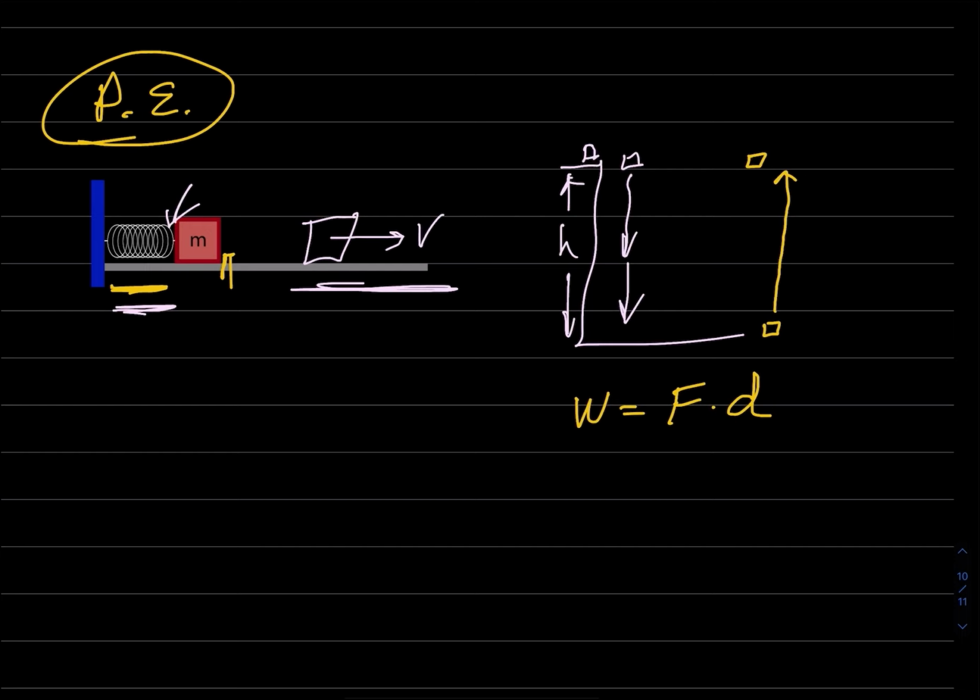We're leaving the cosine theta out of here. But we're working against the force of gravity, and we're traveling a certain distance. And the work done on the mass bringing it up to that height equals mgh, which equals the potential energy of the mass at that position. Same thing over here.